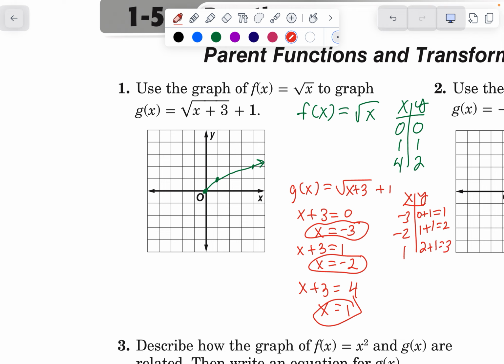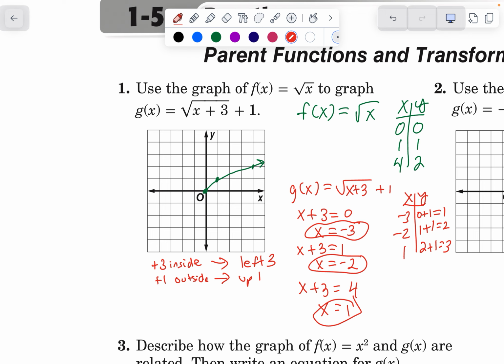Now, if we were to describe what's happening, the +3 on the inside moves it to the left 3. The +1 on the outside moves it up 1. So if I just said, how is this going to change? We're going to move all these points left 3 and up 1.